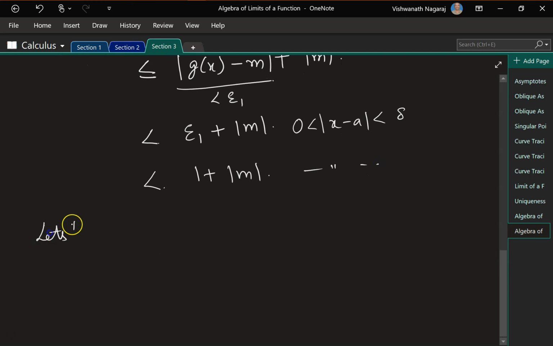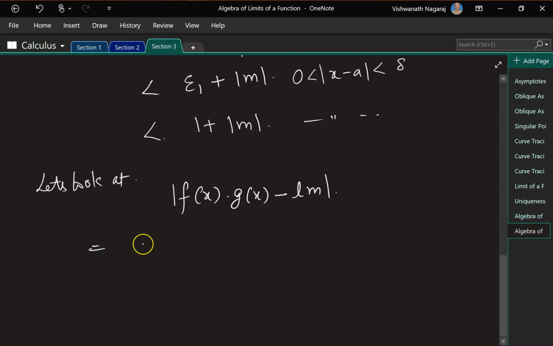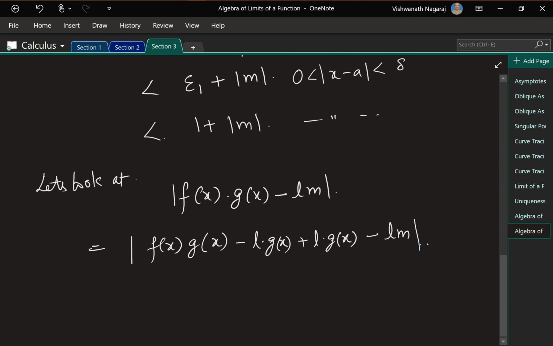Again, let's look at f of x times g of x minus Lm. So here what are we doing? We are multiplying the limits. So let's use our normal procedure: f of x g of x, and on the other side let me write Lm. In between we'll introduce minus L g of x plus L g of x. So again we end up with the same term, so the value doesn't change.